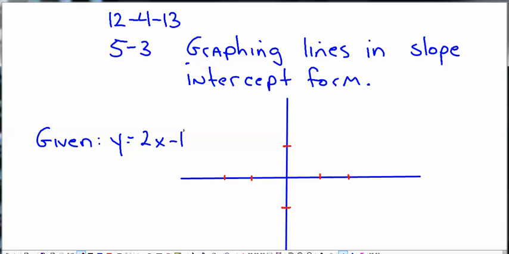Okay, you plot the y-intercept on the y-axis. Here's your y-axis, here's your x-axis. So if you know that the line hits the y-axis at -1, then you go to -1 on the y-axis and you put a point there.